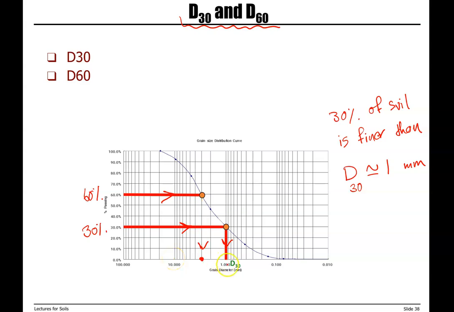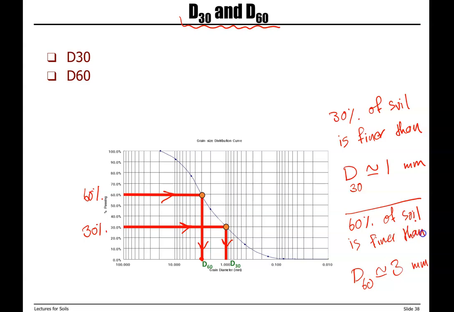So D60 is close to 3 millimeters, which means that 60% of soil is finer than 3 millimeters.